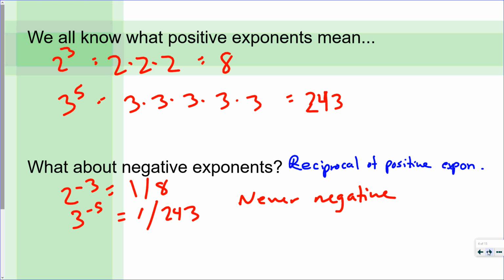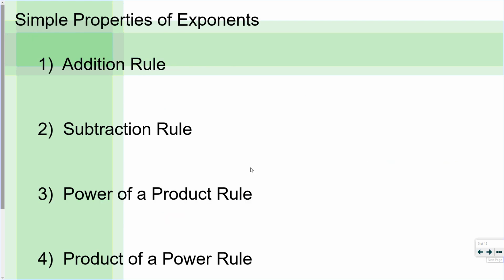Okay, so let's look at some of the basic properties of exponents that we're going to be using. The simple properties that we should know and be able to work with: first off, let's say we had a squared times a to the third, and that's going to equal a to the fifth. That's a times a times a times a times a, five a's all multiplied together.